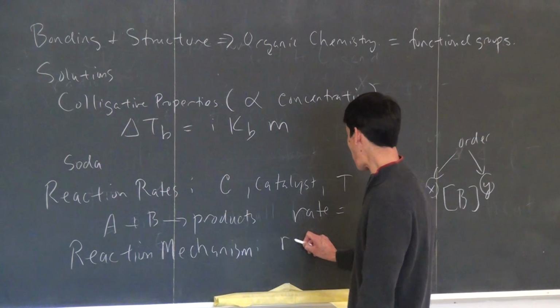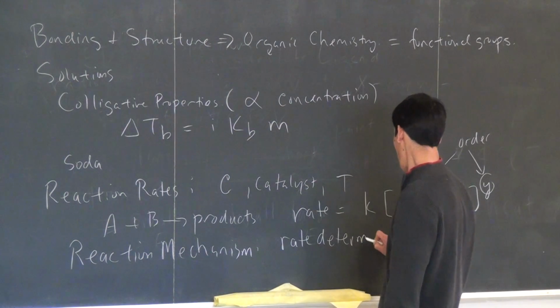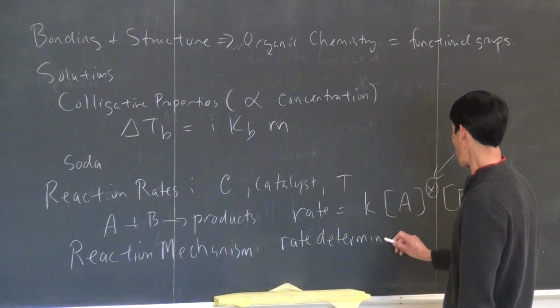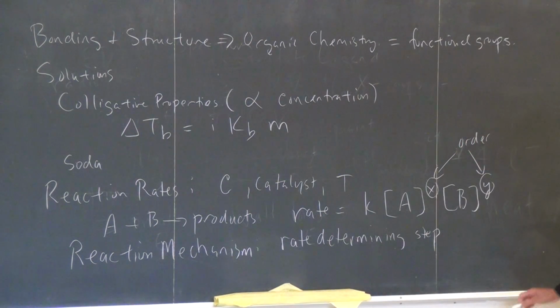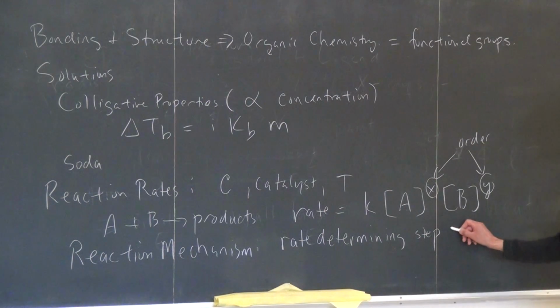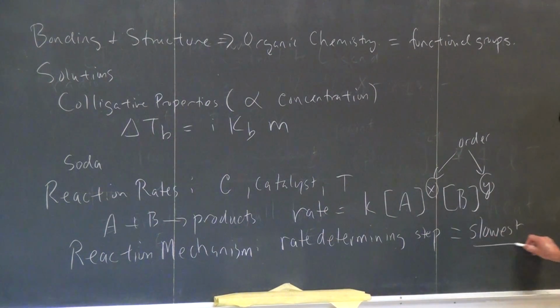Is the rate determining step the fastest step in a reaction mechanism? The rate determining step matches the rate law, but is this the fastest step or the slowest one? This is actually the slowest step, because that determines the overall rate of the reaction.